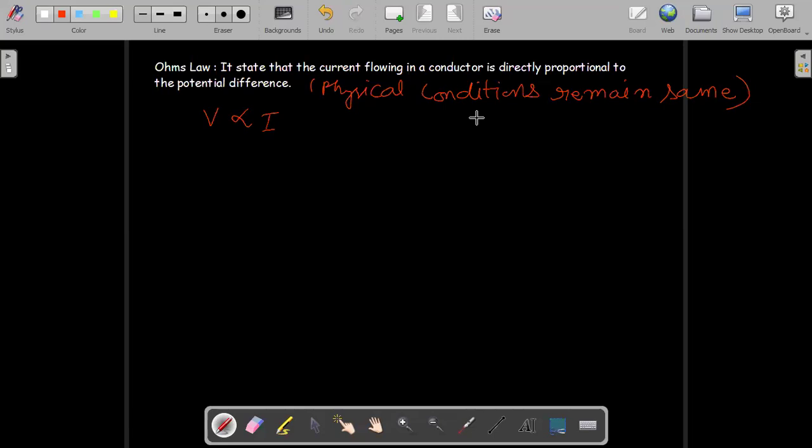So if we plot a graph between V and I, here we have V, and suppose here we take I. The graph between V and I is a straight line. This graph is always a straight line.